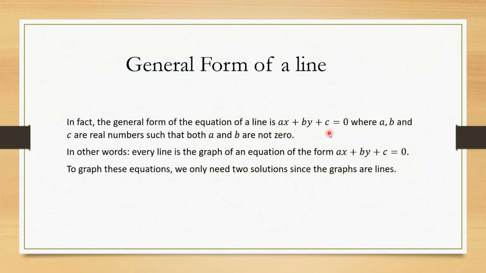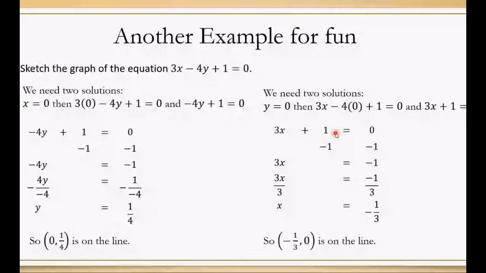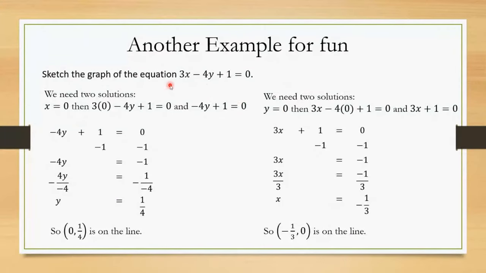All right. But here's just another example I want to go through. So let's say we graph this equation. I think this one might have been one I did last time. So we want to get 2 points on the line. Now, last time what I did was I got y in terms of x. It's not wrong to do that, but you don't have to do that.